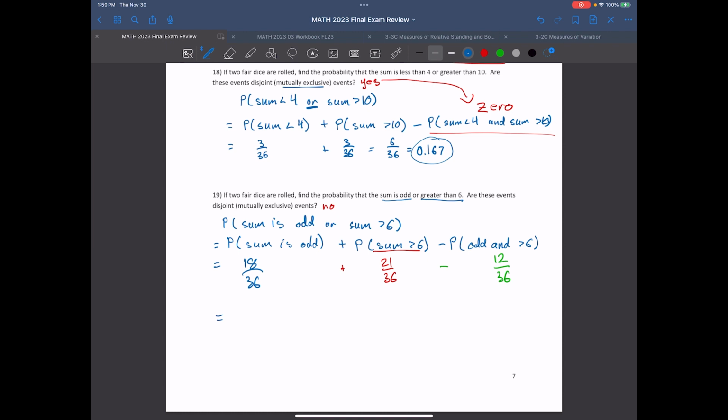Adding our fractions, we end up with 18 plus 21 minus 12 divided by 36. With common denominators, you can just add and subtract the numerators here. And then you'll end up with 27 out of 36. Converting it to a decimal is going to be 0.75 approximately.